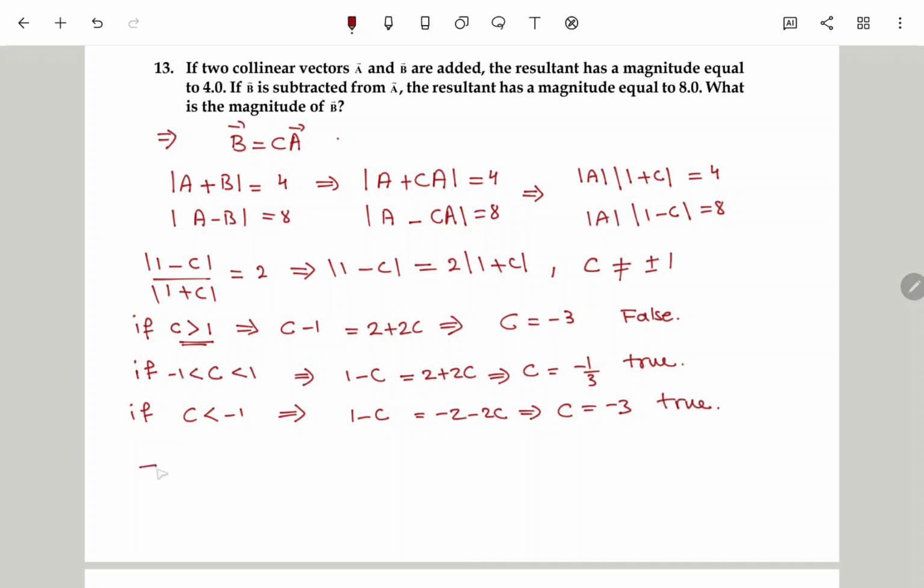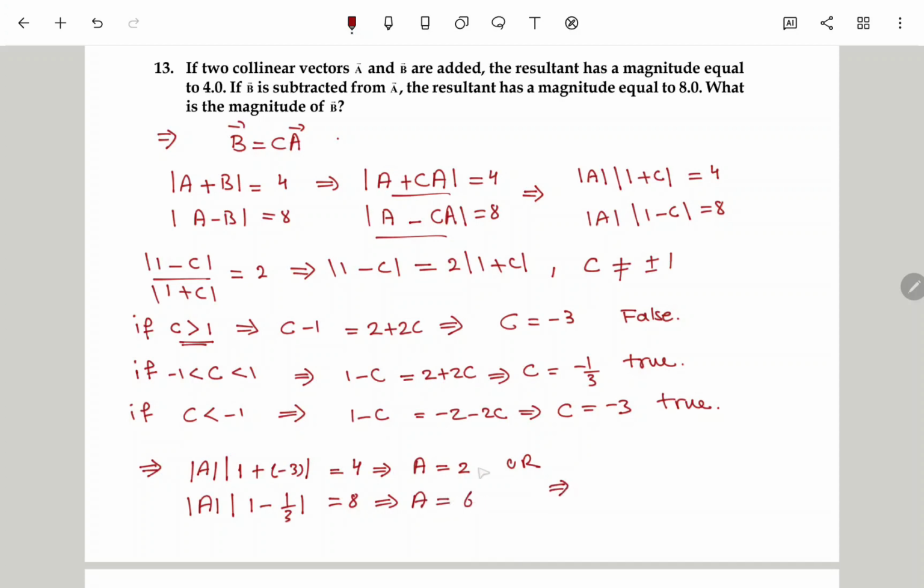Now you substitute this back in these two equations. A times 1 plus minus 3 equals 4, and in this case A equals 2, or A times 1 minus 1 over 3 equals 8, in this case A equals 6.